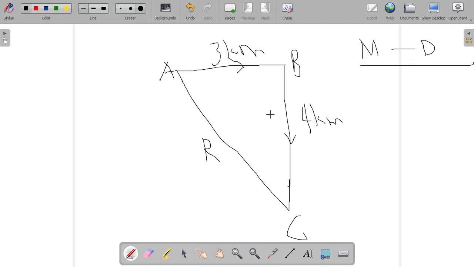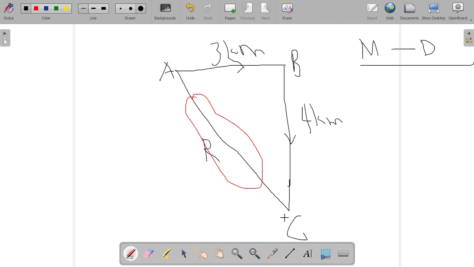Supposing the two vectors were acting on a straight line, it would have been 4 plus 3 or 4 minus 3, but now they're acting at right angles to each other. So for the magnitude first, we need to obtain the size of this line, which is going to be the magnitude of the resultant vector, which is the line drawn from this point A to this point C, from the starting point to the end point.